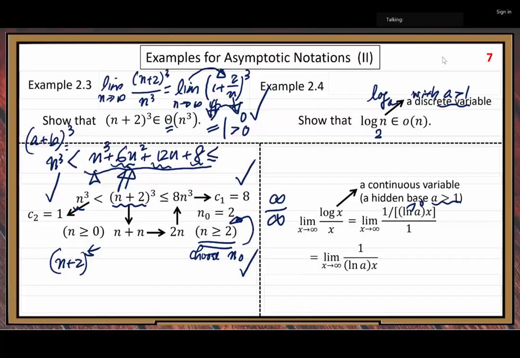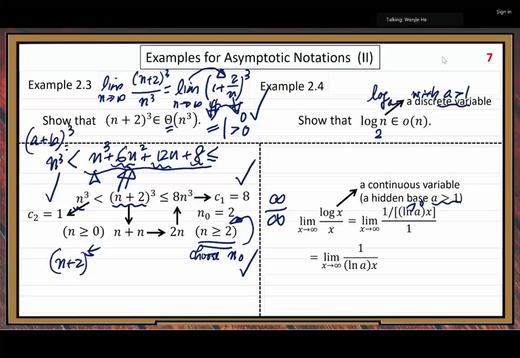But this new form, I hope you do not apply L'Hopital's rule directly, because sometimes people just act like a machine, without thinking, just doing something naturally based on intuition.